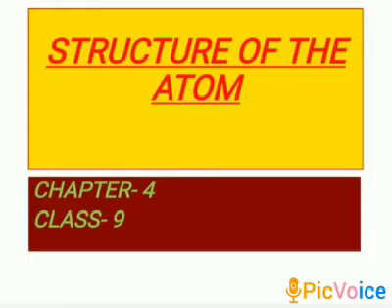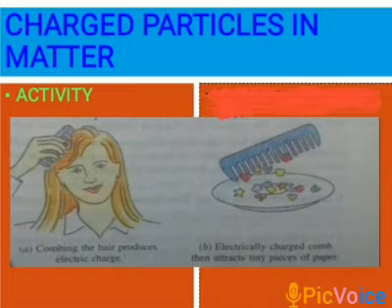The atoms of different elements differ in the number of electrons, protons and neutrons. So students, we will now describe how electrons, protons and neutrons were discovered and put together to give the structure of atom.